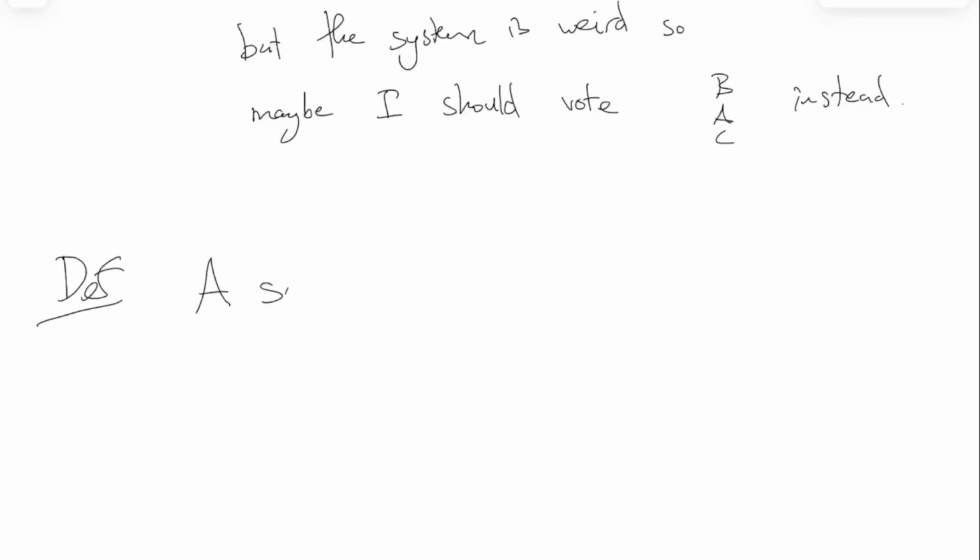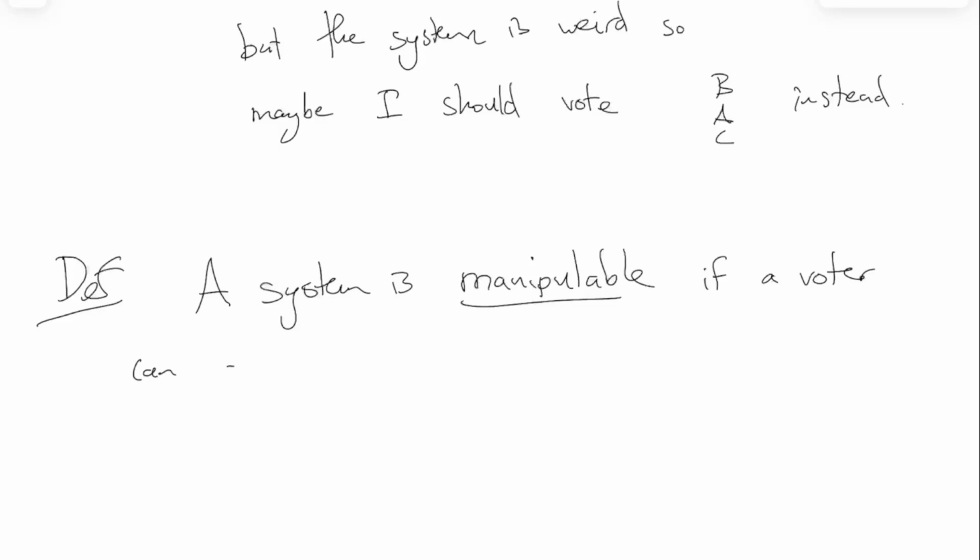We say a system is manipulable, and this is generally regarded as bad because it means that people aren't going to just vote in a straightforward way. They're going to try and vote in weird ways. So a system is manipulable if a voter can achieve a better outcome, I will say, in their own opinion.